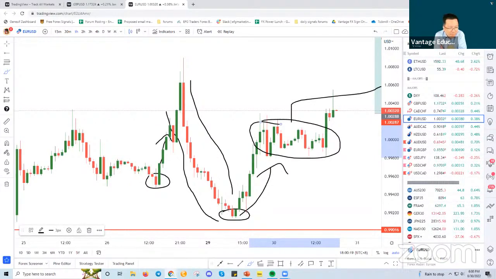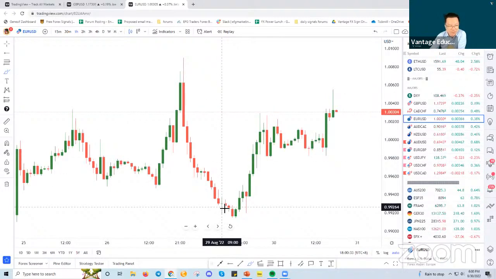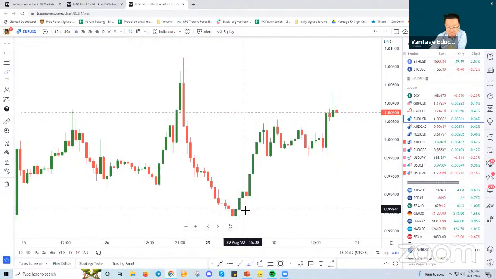I wouldn't try and sell it down as it moves, because it's going exactly against what I expected. In this case, what happened here, that move down was fully expected.